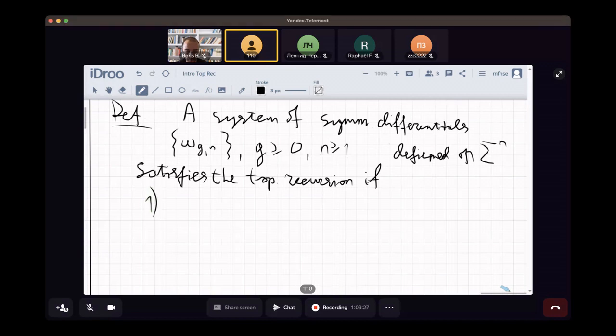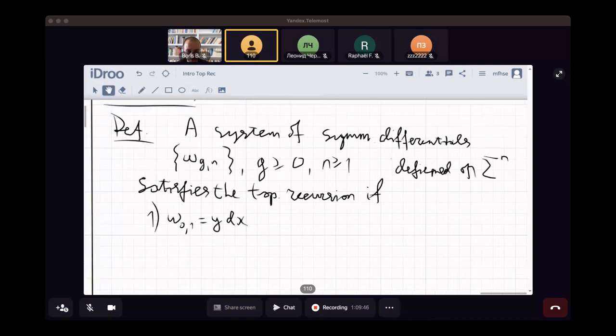First, we will have to fix what's called the unstable cases.